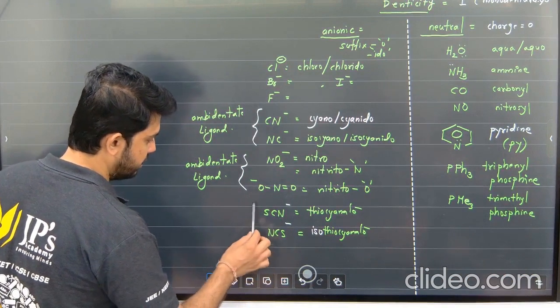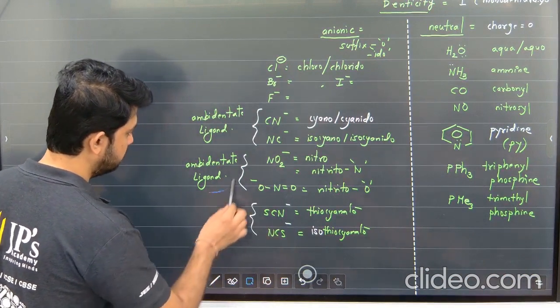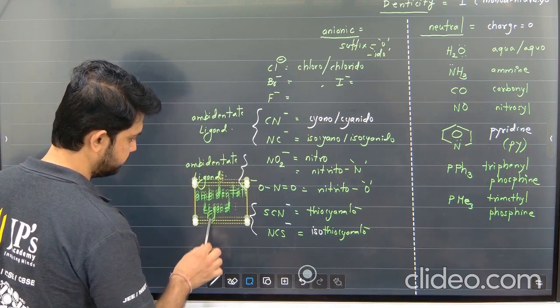Again, thiocyanate and isothiocyanate are both ambidentate.